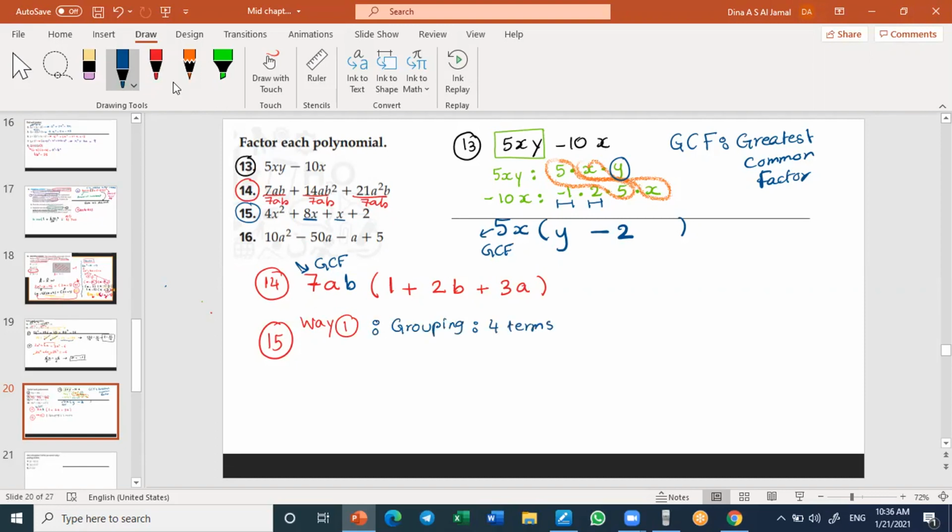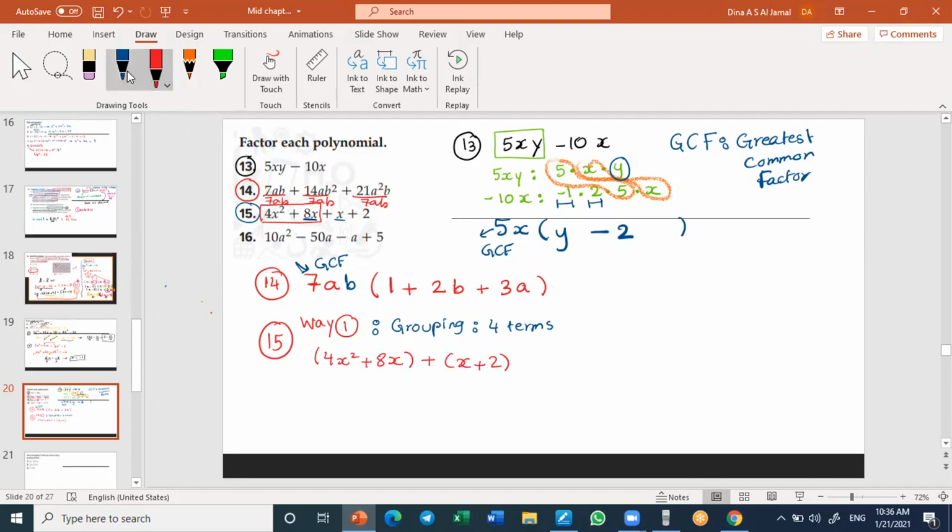Good. Whenever you have 4 terms, you need to pay attention that you can group. So let's take the first 2 terms together. Take 4x squared plus 8x, and then x plus 2, take it like this.